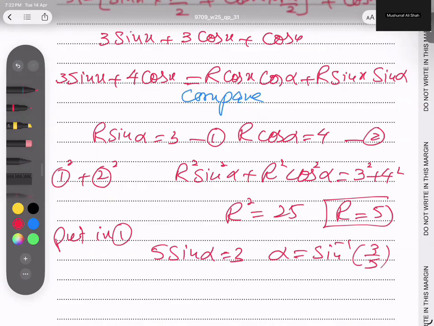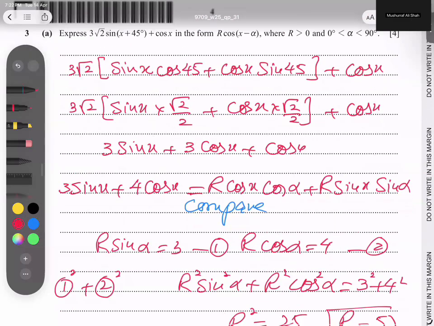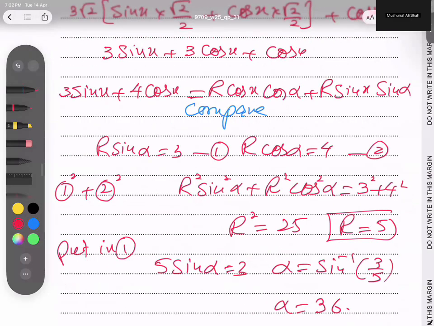Let me check, and when I type it in, make sure it is in degree mode, because we are using degrees. So sine inverse 3 over 5, and we are getting 36.869. Did he mention anything here? Not mentioned. I will take 1 dp. If I take 1 decimal place, it becomes 36.9 degrees.